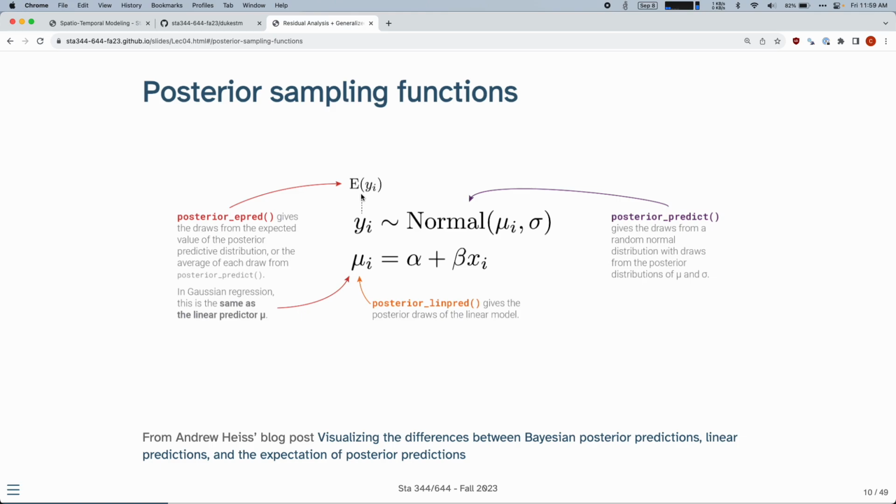And so the reason posterior predict actually goes to y is because we're allowing for that extra noise. Exactly. So it's basically drawing from this normal. That's the prediction that we're getting out. And how is it defining mu in that normal? That's just the x beta, y hat, whatever it is. So it's not doing an epred draw to get that mu?